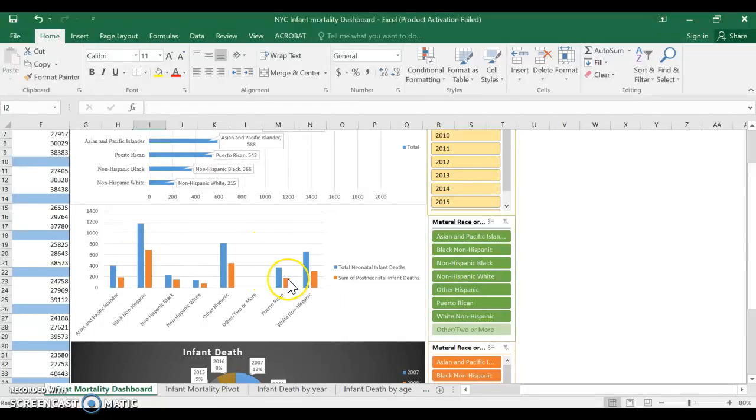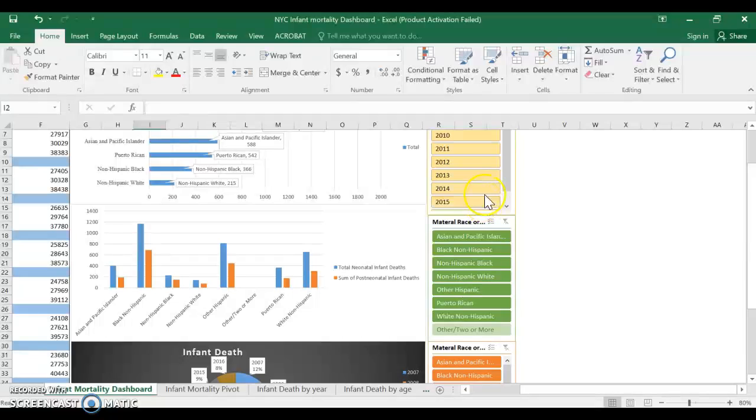From just looking at this column chart, it's clear that infants below the age of 28 days encounter the highest number of deaths. It makes sense because their immune systems are not as strong compared to the postneonatal infants.